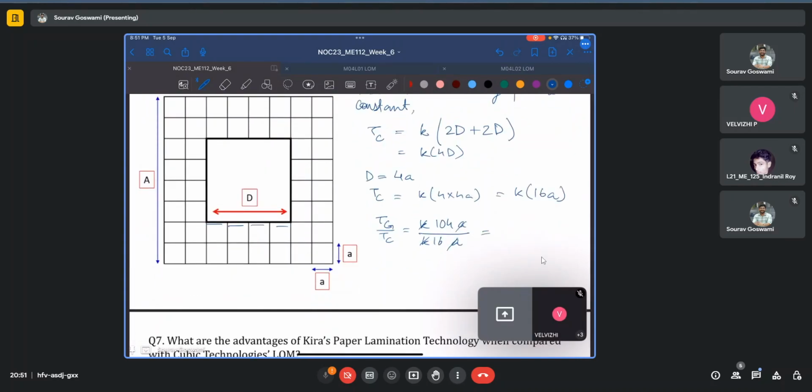And if I divide by 4, 26 by 4 or 13 by 2. So this is 6.5. Therefore, the time taken for grid cutting in this layer is almost equal to 6.5 times the time taken for cutting the contour. This gives us some idea of the scale of times which is involved in these processes.